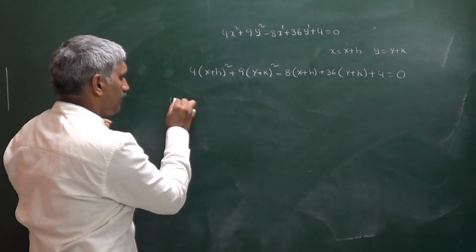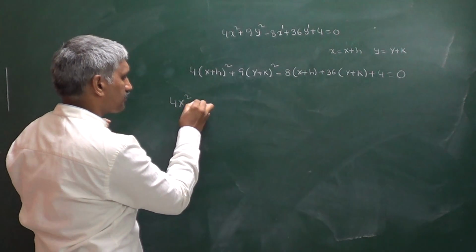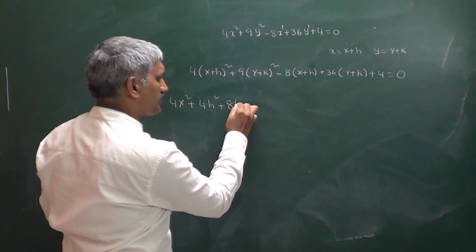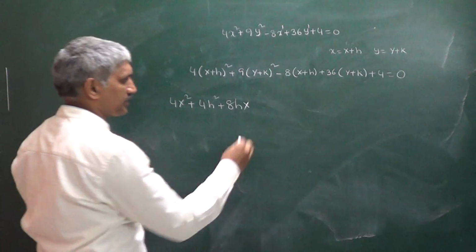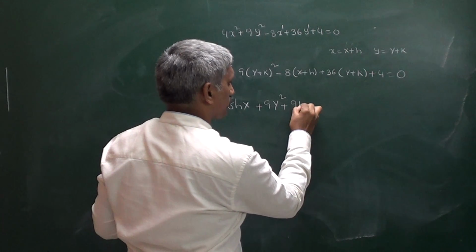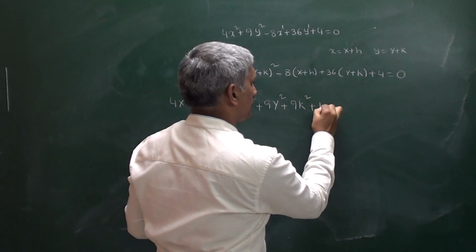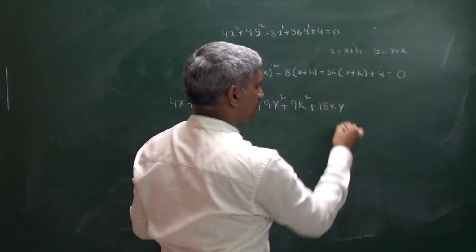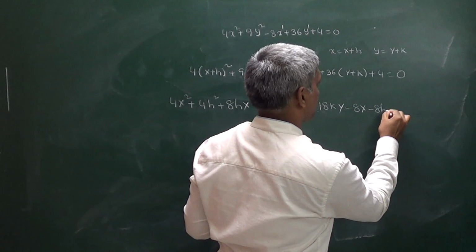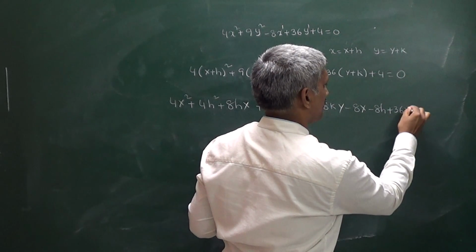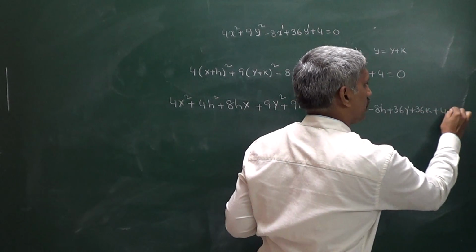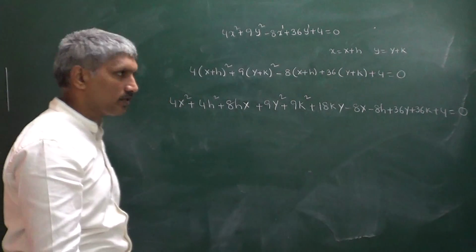Now observe here, this is 4x square plus 4h square plus 8hx. Next 9y square plus 9k square plus 18ky. Next minus 8x minus 8h plus 36y plus 36k plus 4 is equal to 0. Right?